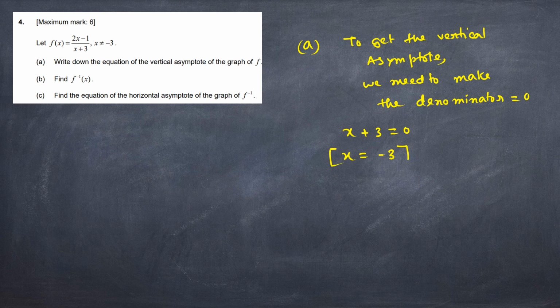So this is the vertical asymptote. x equals minus 3 is the vertical asymptote of f(x). What you need to remember is that for finding the vertical asymptote we just need to make the denominator equal to 0.